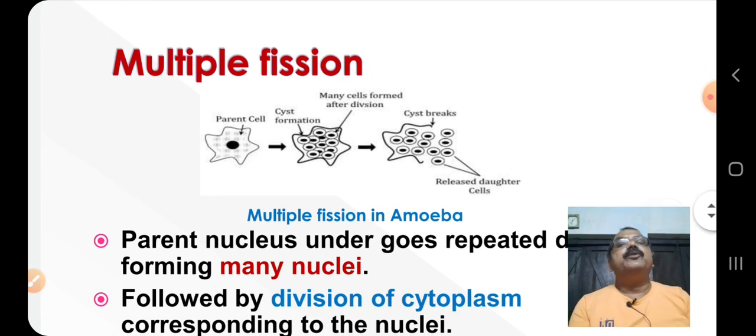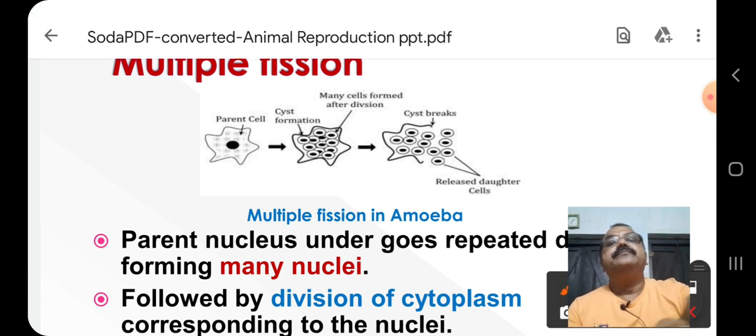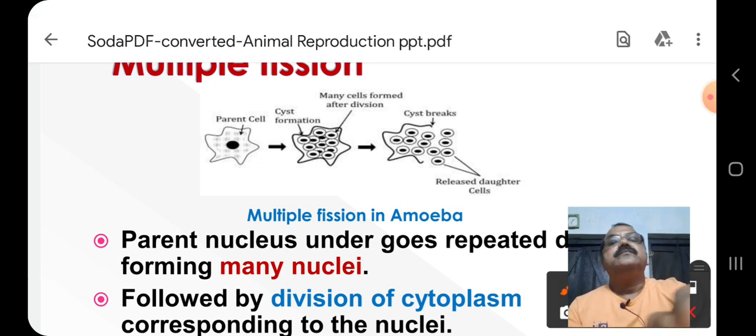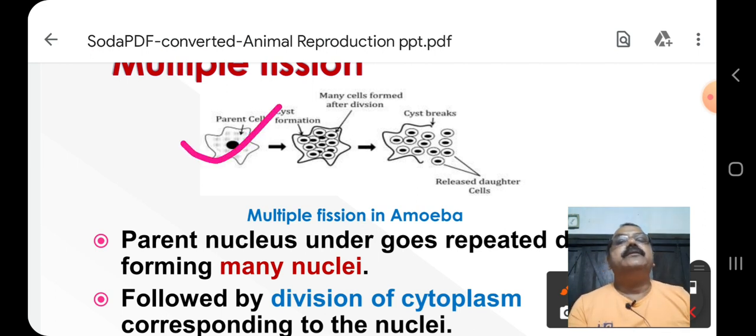Multiple fission is another type of asexual reproduction. In this case, the individual divides into many individuals by the fission process. Here, the amoeba nucleus first divides into many nuclei.